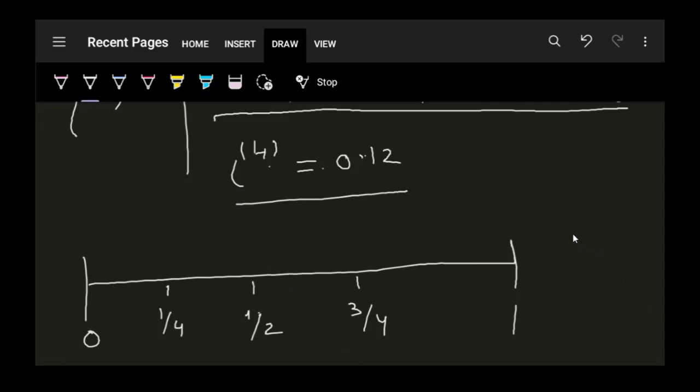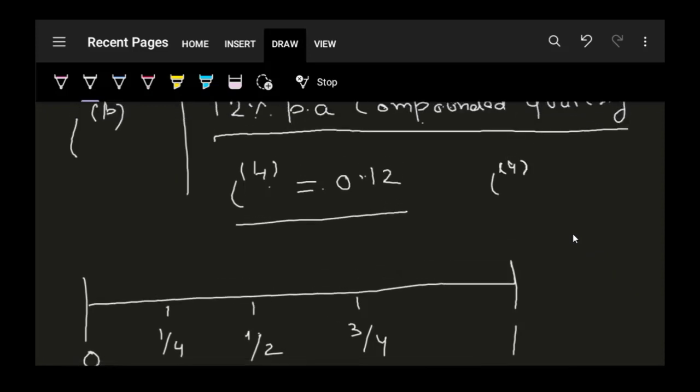This means that according to the definition of nominal rate, at the end of every quarter you will be charged an interest rate of I4 upon 4, that is 0.12 upon 4, that is 0.03.